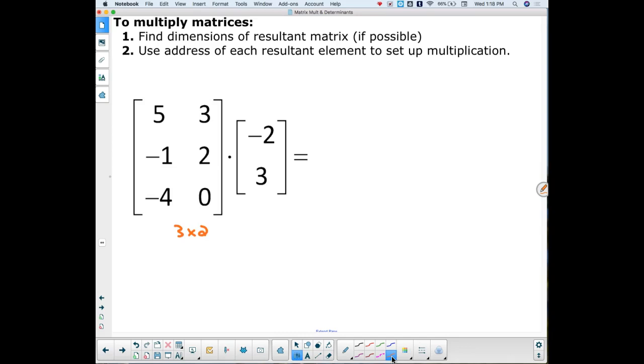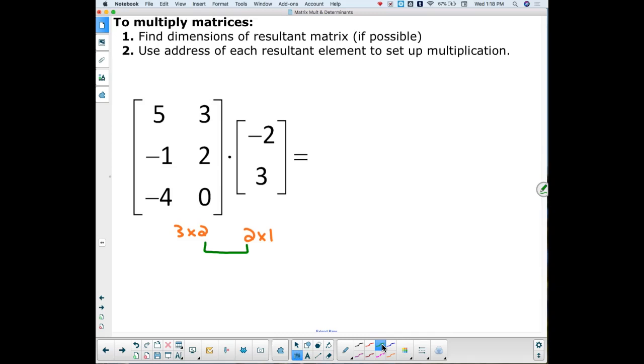Right matrix. What are the dimensions of the right matrix? 2 by 1. Can I multiply those two matrices together? Yeah, I can. Okay, we got the green light because we've got 2's in the middle. And my result is going to be what size?